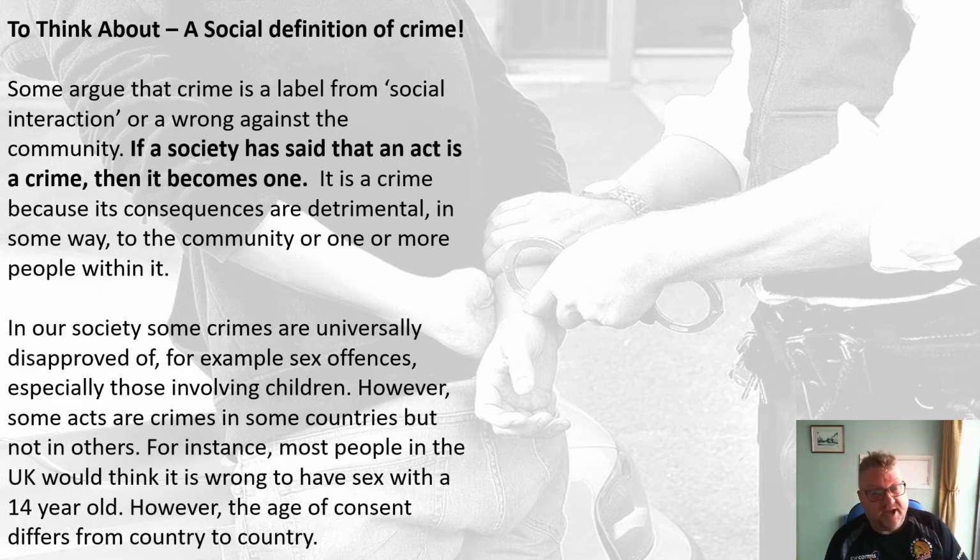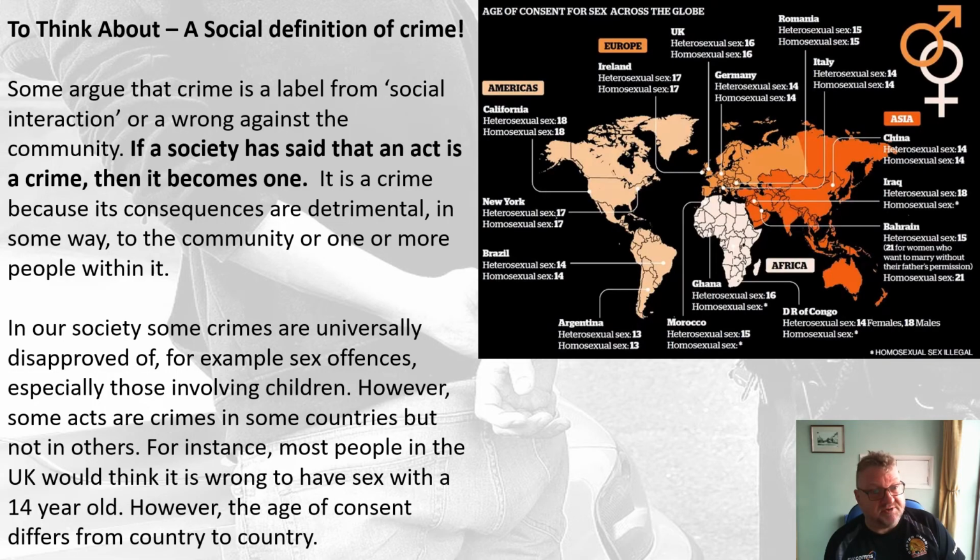However, the age of consent, the age at which you are legally allowed to have sex, does differ from country to country. To illustrate this, I've got this little chart for you, and you can see, looking at various places around the world, the age of consent completely differs from country to country. In Argentina it's 13, in Morocco it's 15, but not for homosexuals.